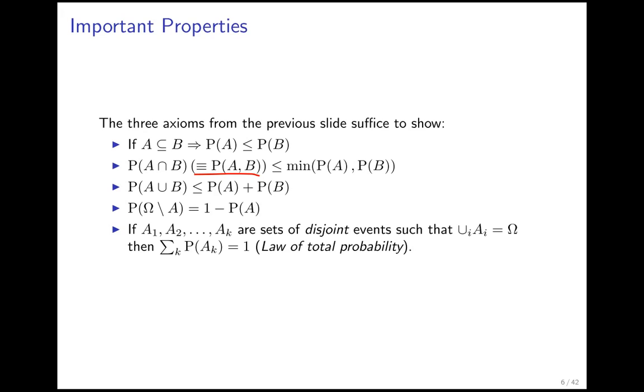And what the law of total probability tells us is that if we sum up the individual probabilities of these disjoint events, well, then we arrive at one. And this makes sense because every outcome is contained in exactly one of these events A1 through AK, because it's a partition, and through this it's counted exactly once, and every outcome is counted, so we should arrive at a probability of 1.